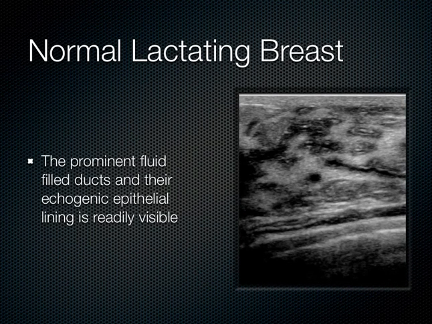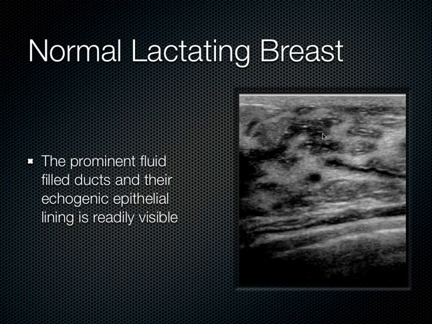Now, in the normal lactating breast, what happens is these fluid-filled ducts start to really become a lot more prominent because it's all filled with milk. And in some of these, you can see that epithelial layer be very, very prominent there within the actual ducts.